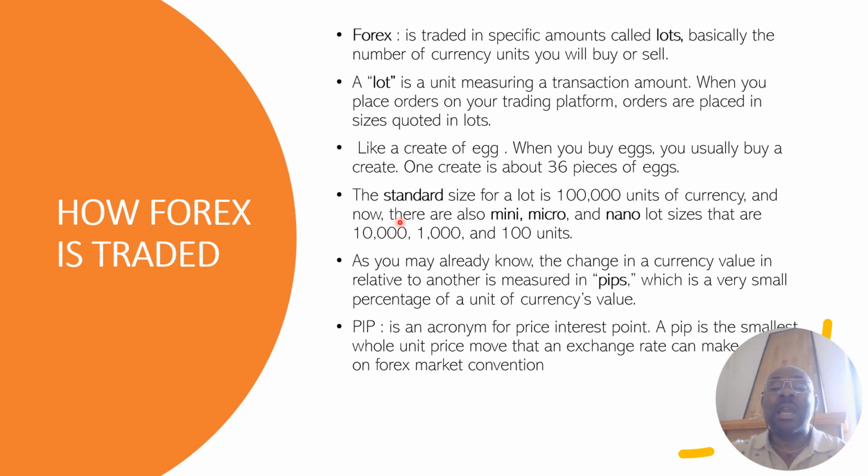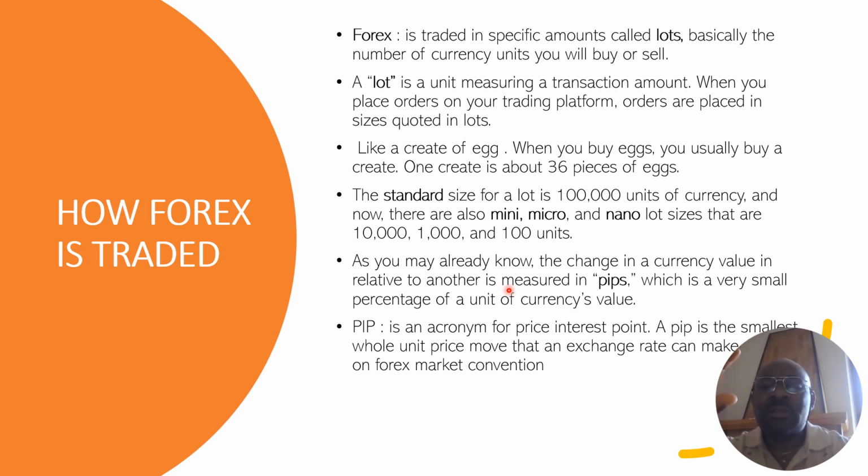Now, I will explain further as we move on, because a PIP is just like, how will I use an example? Just like your clock. Before we have the hour, the minute, and the seconds, right?